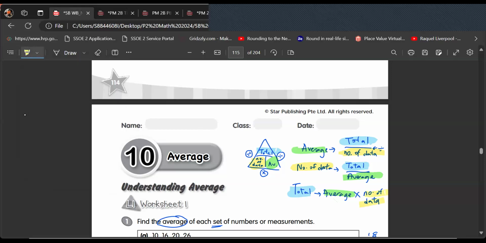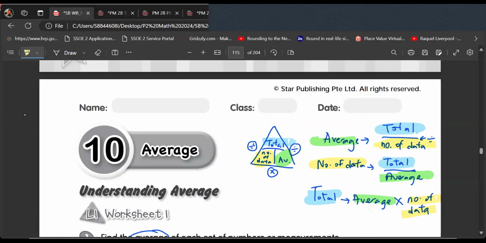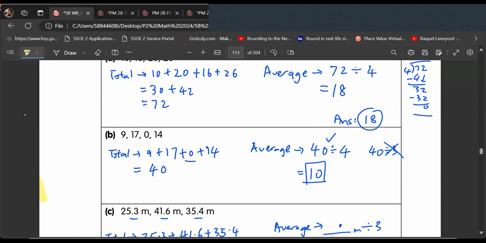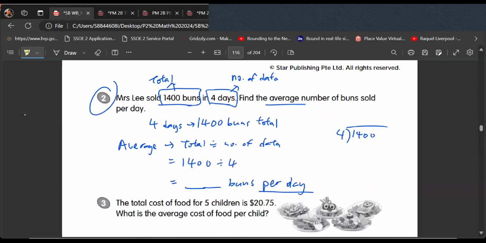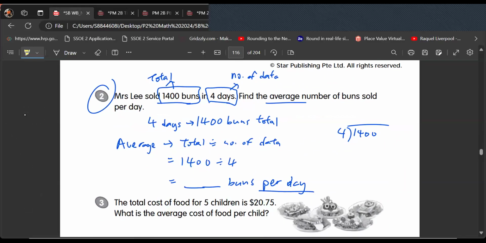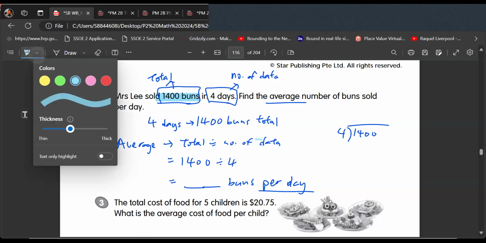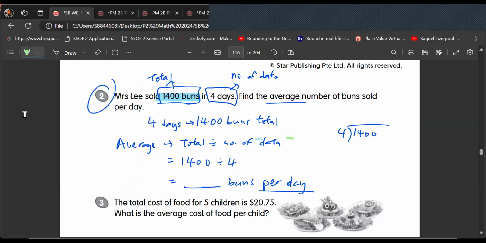So it is like a triangle number bond relationship. At this stage, you ask yourself the question, what is provided? You will have the total, and then you have the number of data, then you find the average.